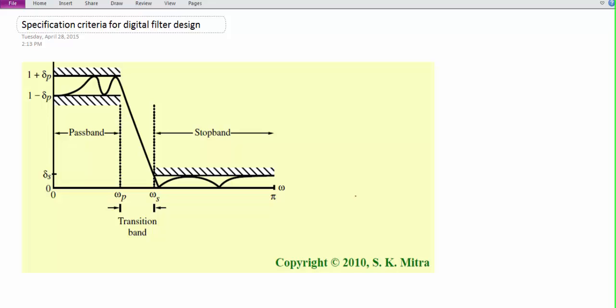So instead of that, people describe the cutoff not as a sharp cutoff, but they say that the filter should be within plus minus delta p of the pass band value up to some value omega p, and then it should get within delta S of 0 after some value omega S. Okay. So this omega S minus omega P is called the transition width. Omega S minus omega P is the transition width.